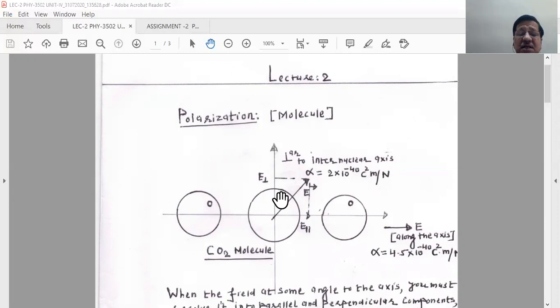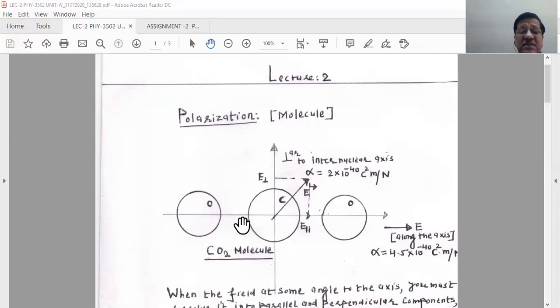I consider the case of a CO2 molecule, as mentioned here. It's a linear molecule, and you can see that the carbon atom is forming a bond with the two oxygen atoms. In this CO2 molecule, there are two axes which you can imagine.